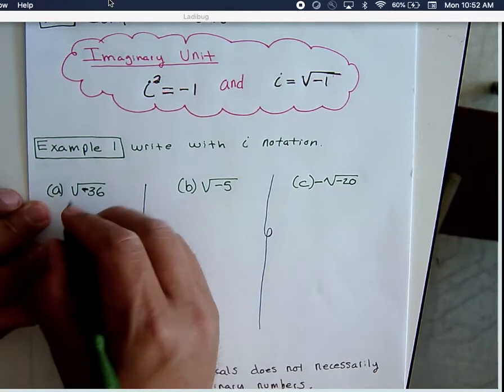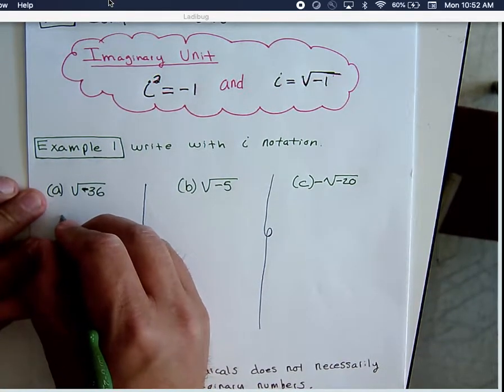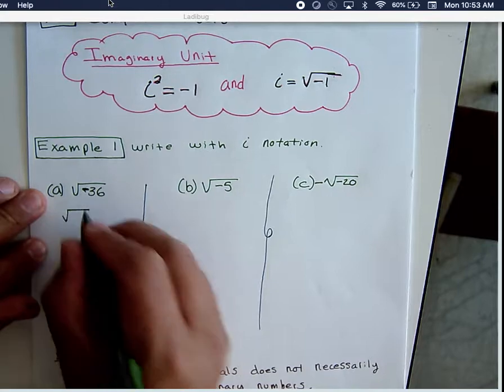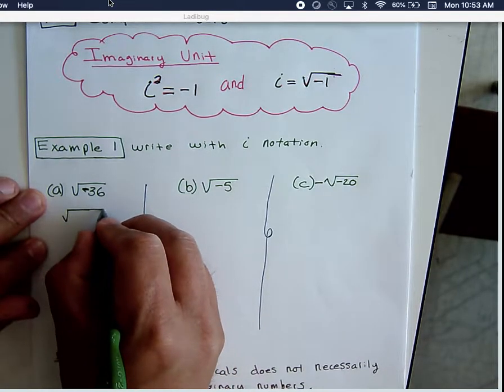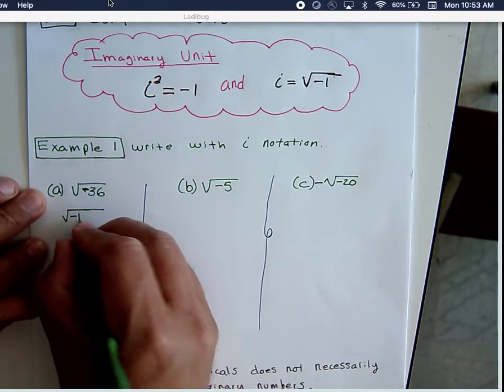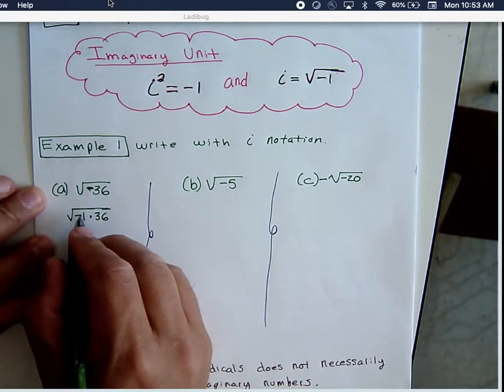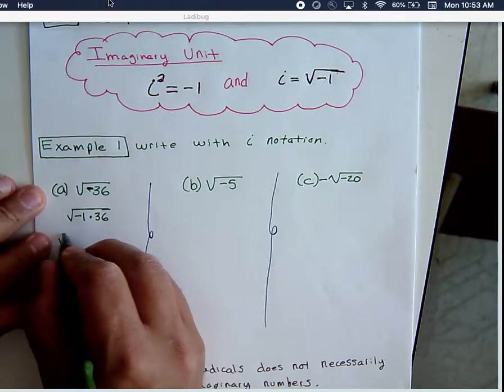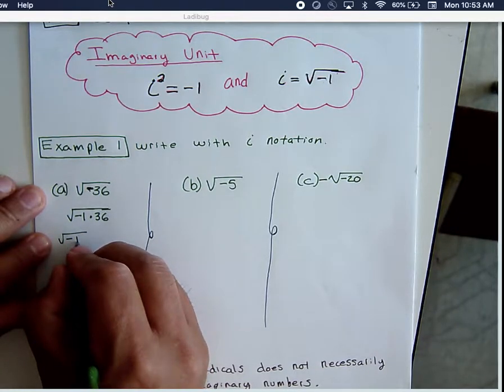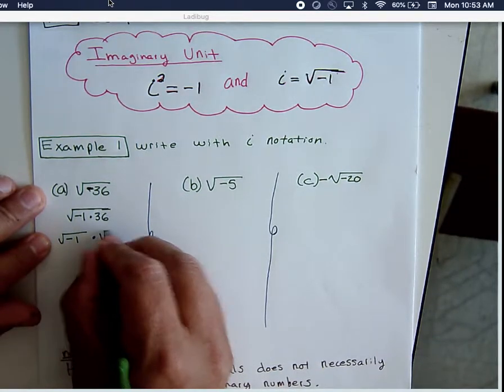You would have -1 times 36. So I would just separate this into the square root of -1 times the square root of 36.